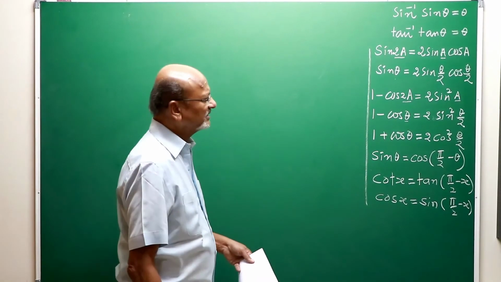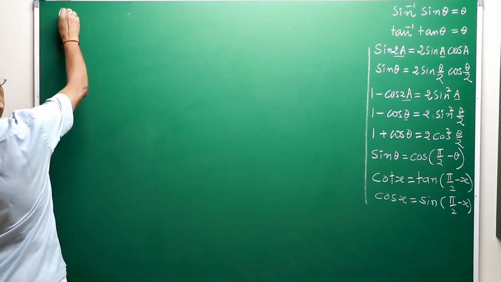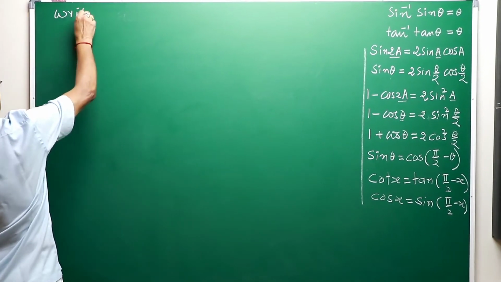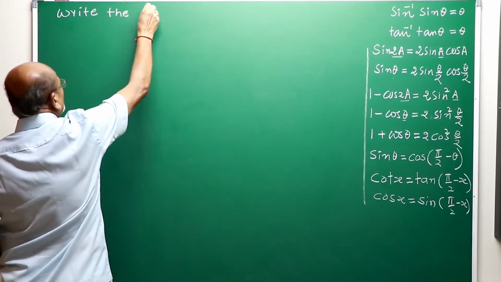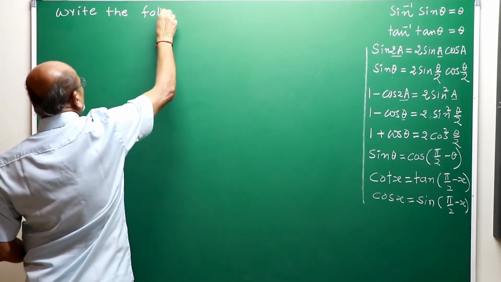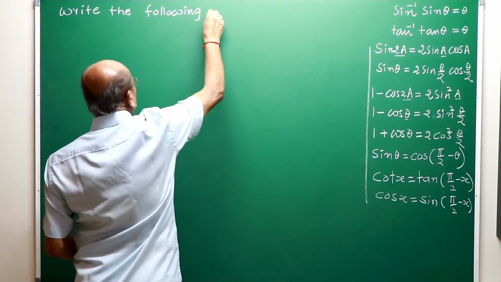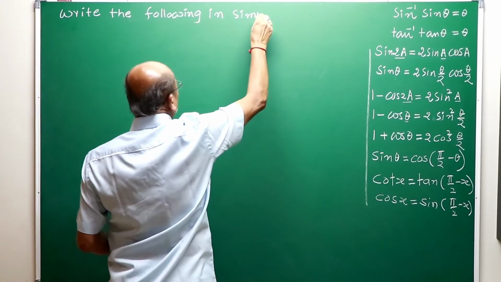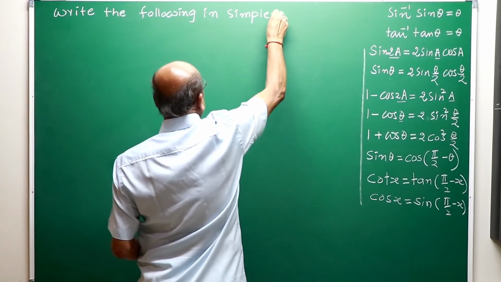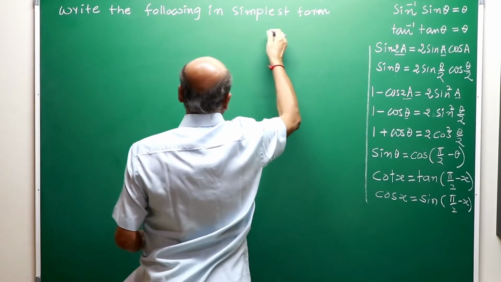Instead of that, they say write the following in simplest form. Normally these are 3-mark questions, my friends.